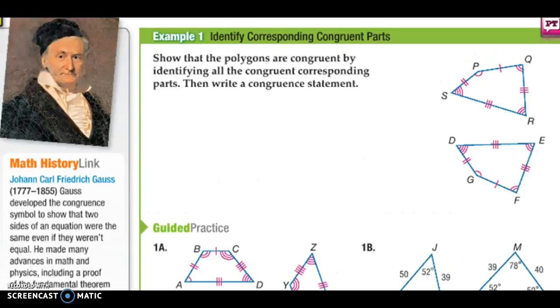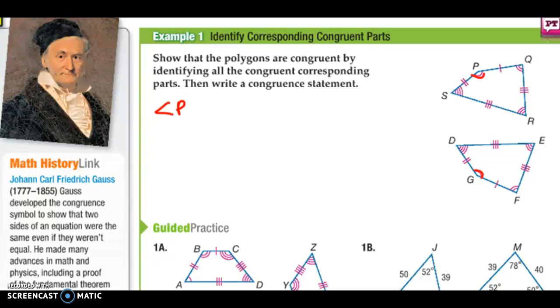Example 1 says, identify the corresponding congruent parts. Show that the polygons are congruent by identifying all the congruent corresponding parts. Then write a congruence statement. So first let's look at angle P. Angle P is congruent to which angle on the other one?